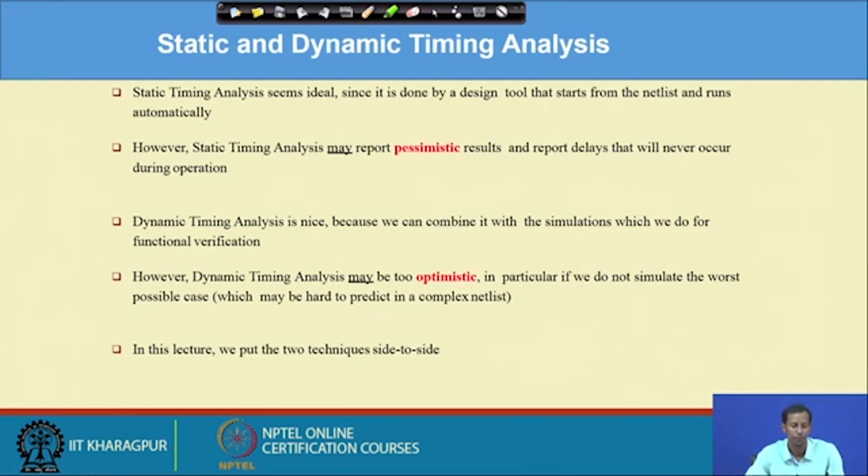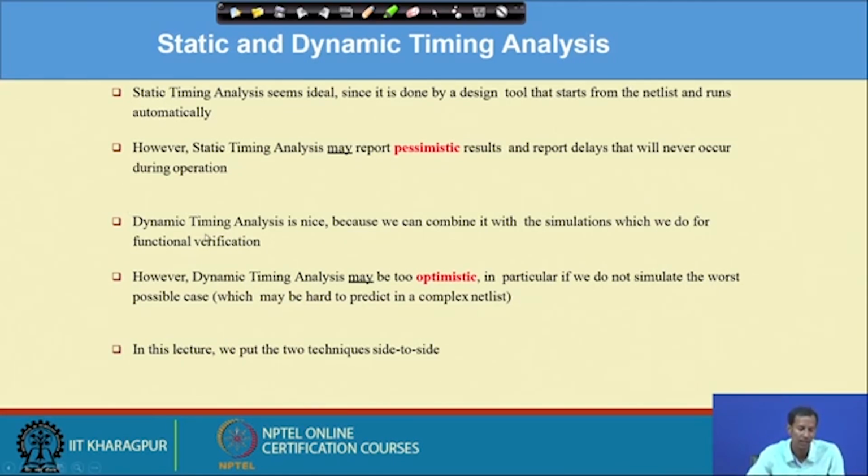But in case of dynamic timing analysis, why do we do it? Basically to check what the timing requirement will be whenever we test it in the real time environment.